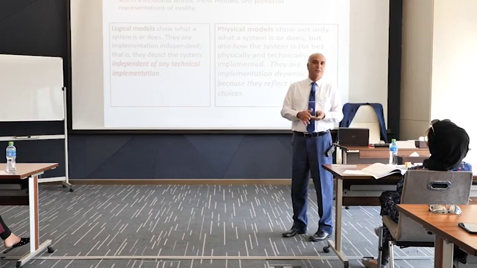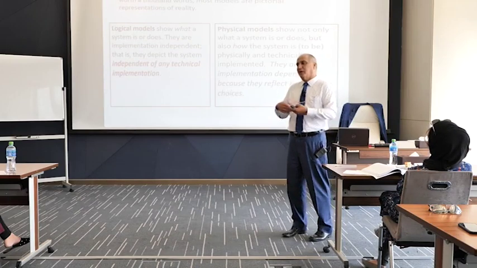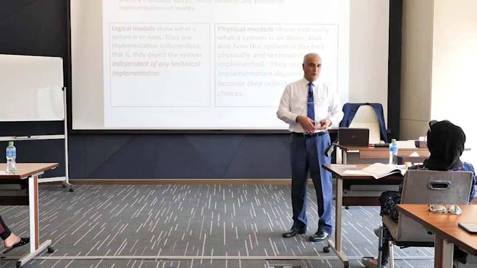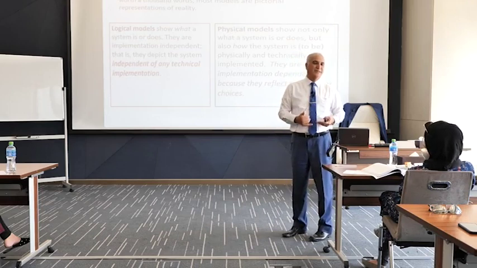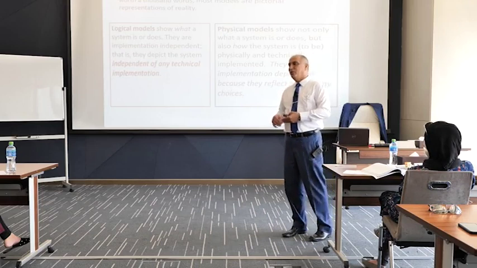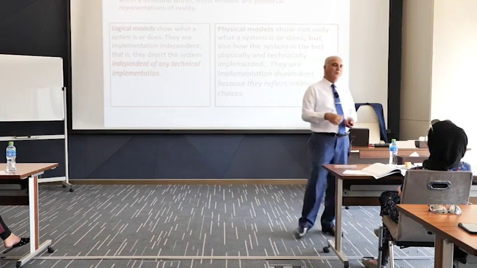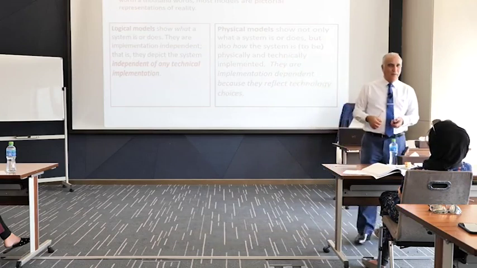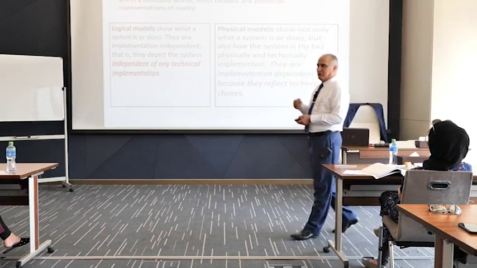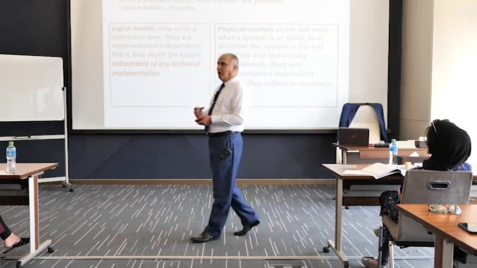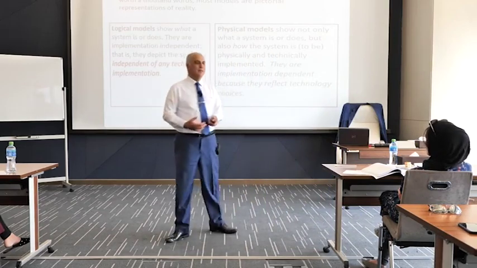In this case, you have not selected the concrete, the cement, or the wood, so it's independent of the material. If you are going to build the house, you have to select what type of concrete, what kind of bricks, what kind of wood, meaning you are dependent on the material.